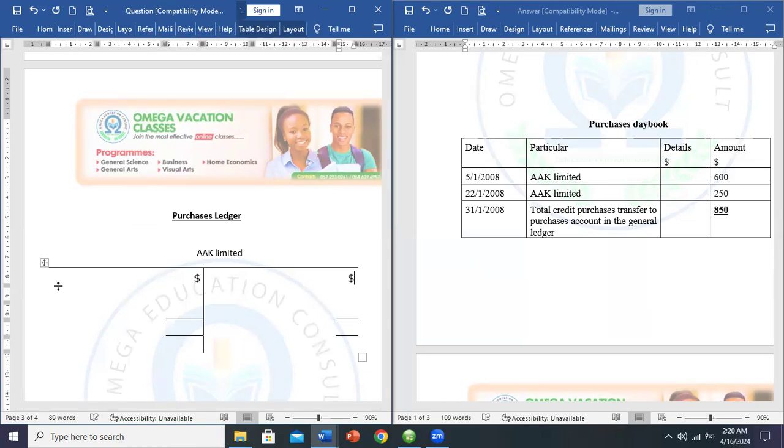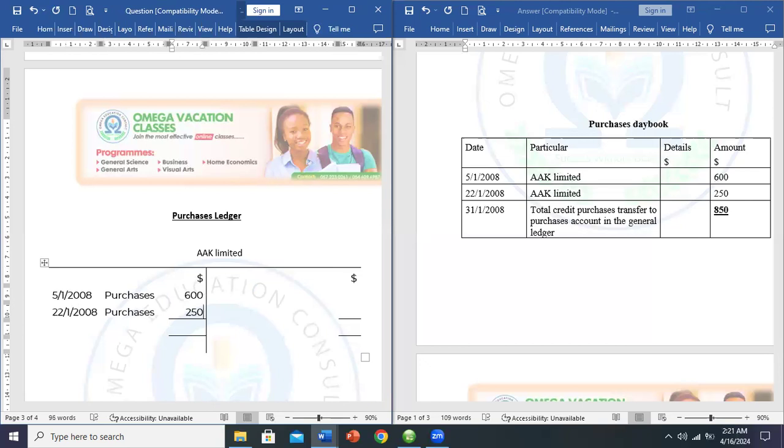So the first one was on the 5th of January 2008, purchases, that is 600. And then the second one was on the 22nd, 250.